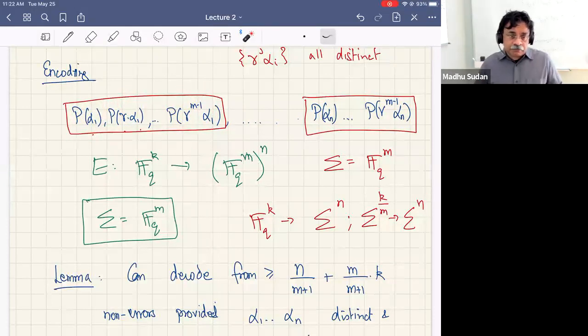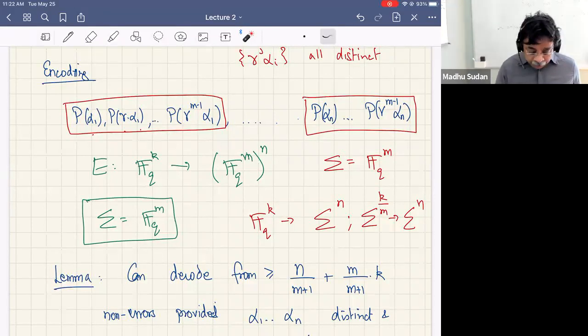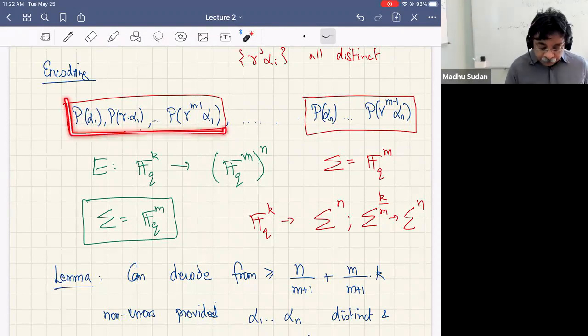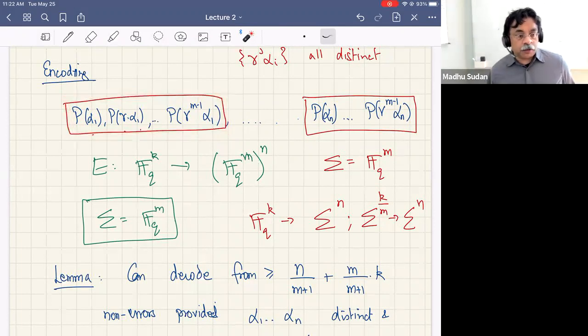By the way, this is the same notion that we had with Reed-Solomon codes. You could have looked at P of alpha 1 as a collection of bits, but we counted it as an error if any one of the bits was in error. Now we are working with these folded Reed-Solomon codes. Folding simply refers to this fact that we are working with a bunch of symbols of the alphabet put together.